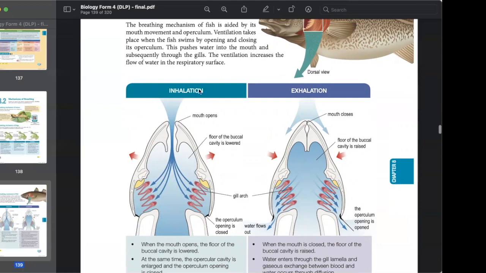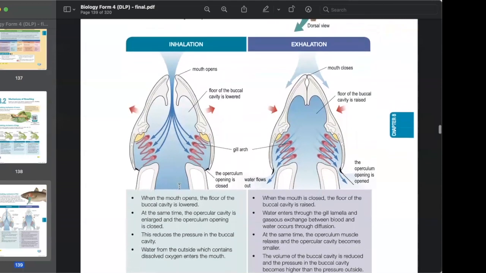So what will happen? The water pressure from outside will push the water into the mouth, into the buccal cavity, because the pressure inside is lower than outside.